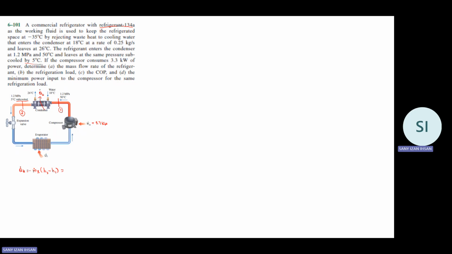You can rewrite this as m dot r times H1 minus H2, then you will get a positive value.